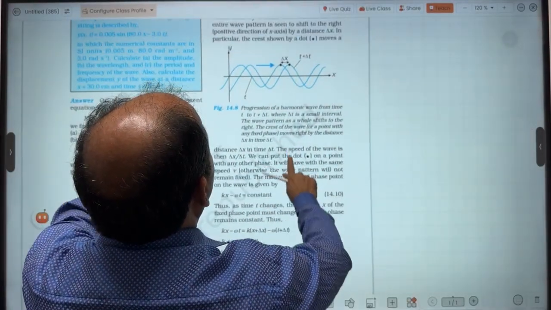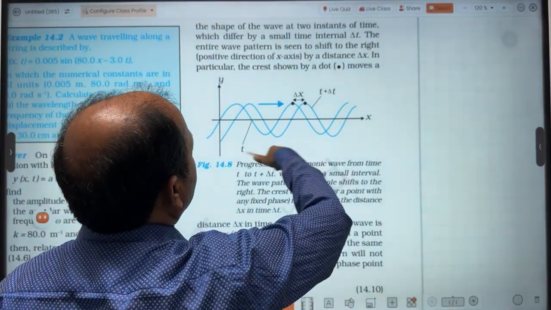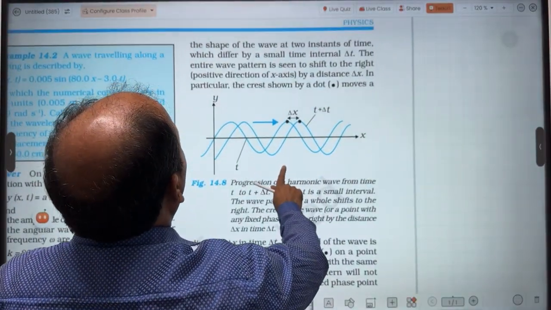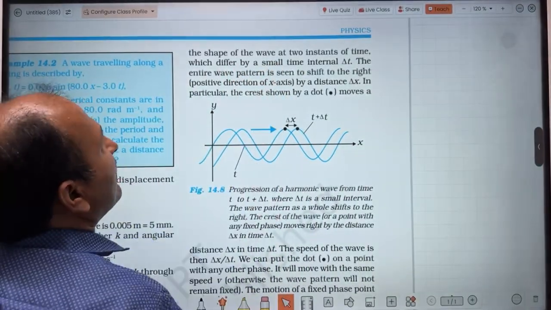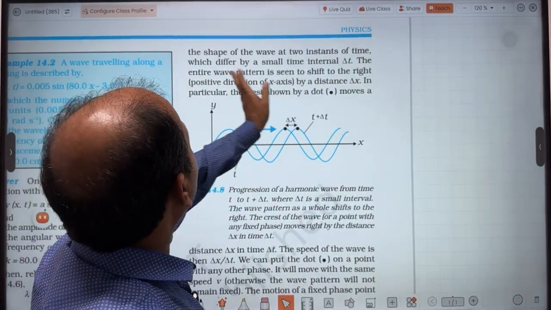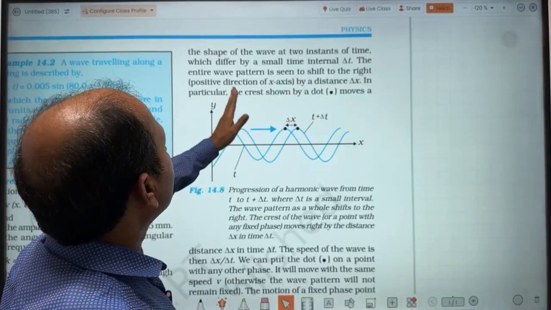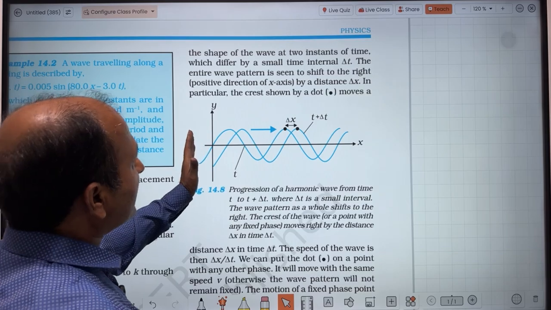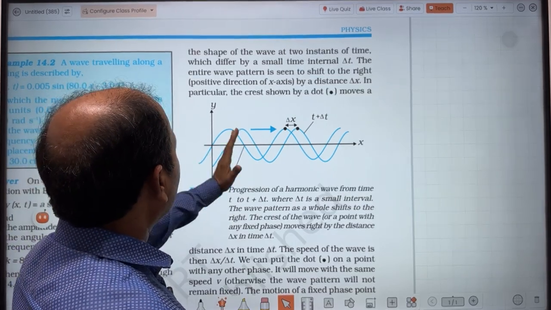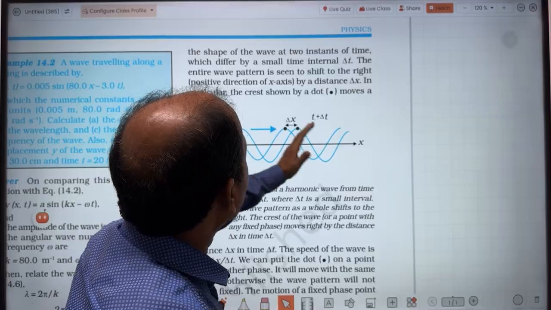So here we consider a wave traveling like this. There are two waves. The shape of the wave at two instants of time differs by a small time interval delta t. The entire wave pattern is seen to shift to the right, the positive direction of x, by a distance delta x. So we are considering a time t. This one wave then moves through a certain distance.